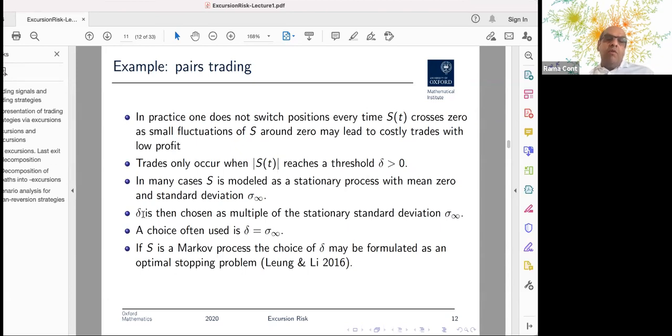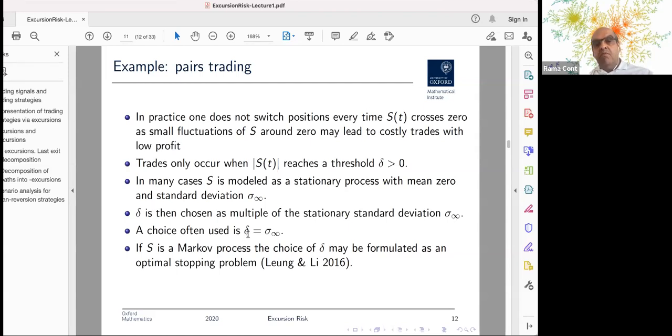And one common choice is to choose the trading threshold as a multiple of the stationary standard deviation of the signal. Let's call it sigma infinity. So it means that I only consider the deviation from zero significant if it's a multiple of the standard deviation. That makes perfect sense, in line with any confidence interval type criteria you might want to use.